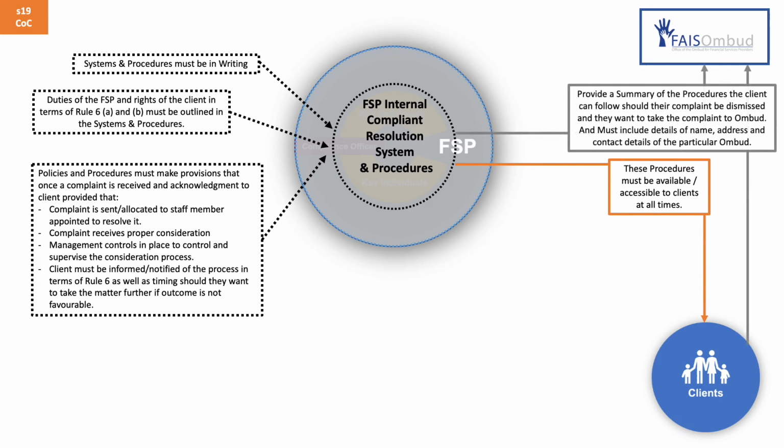The procedures should provide a summary of the procedures that the client can follow should their complaint be dismissed by the FSP, and how to lodge the complaint to the FAIS Ombud or other ombud. The name, address, and contact details of the particular ombud should also be included.